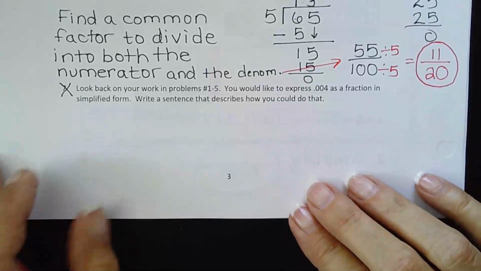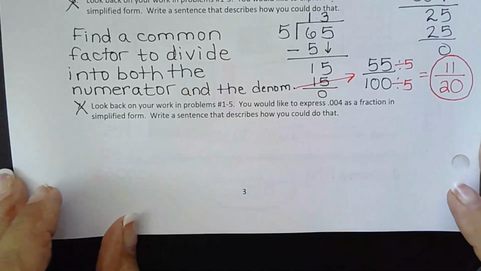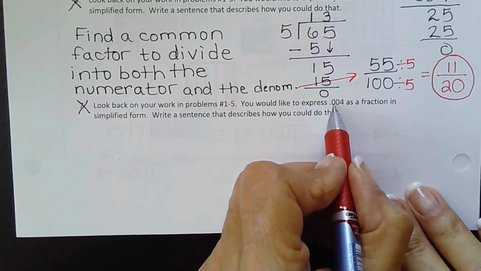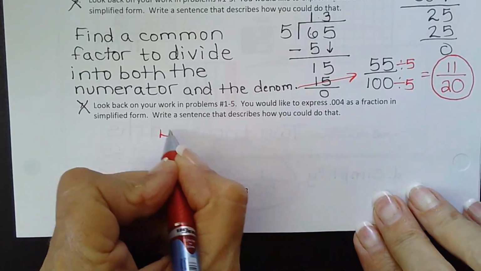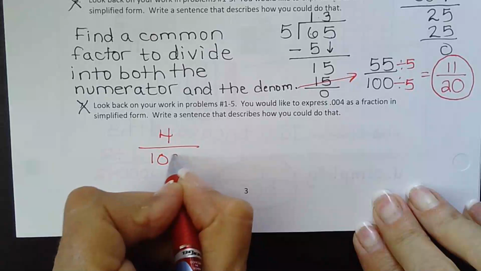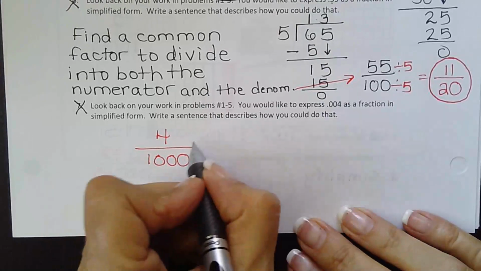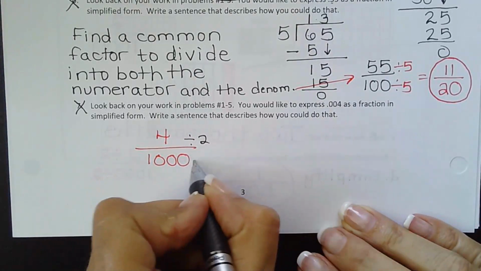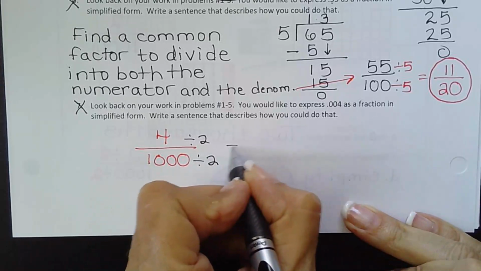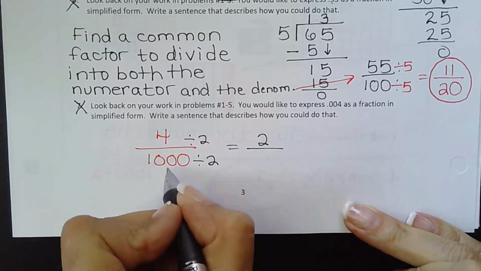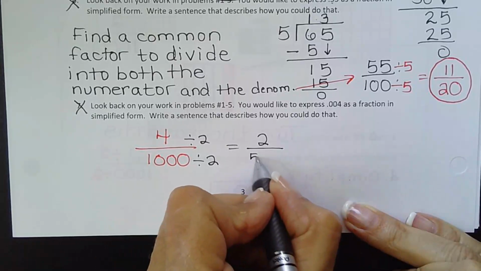And I guess we might as well simplify the last one and then we'll stop the video. So this is tenths, hundredths, thousandths, so this would be 4 over 1,000. So I see that they are both even. Whenever they're both even, we pick 2. 4 divided by 2 is 2. 1,000 cut in half is 500.